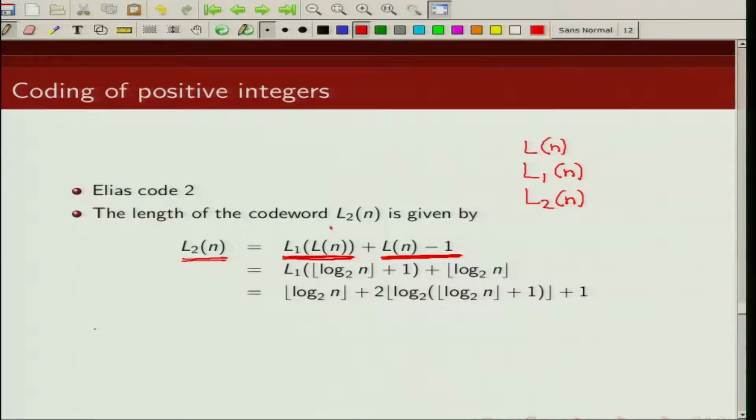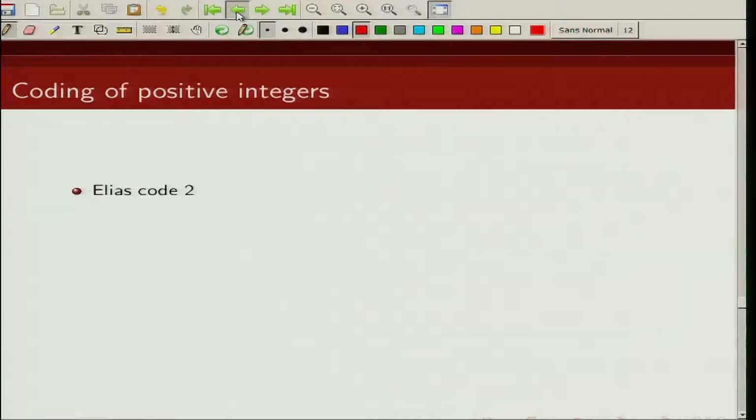Now what is l of n? We know l of n is given by floor of log to the base 2 of n plus 1. So if we plug that value of l n here, what we get is the length of this is L1 of this quantity plus floor of log to the base 2 of n. Now what is L1 n?